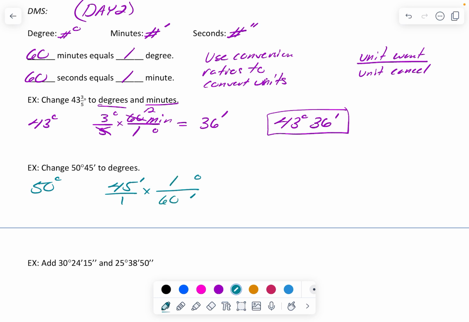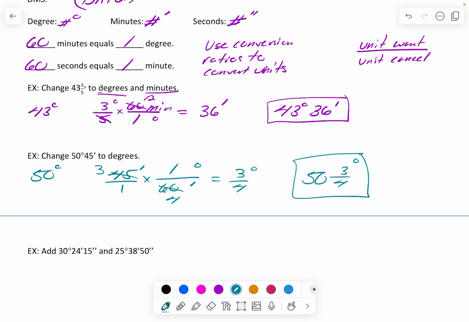And if we simplify here, 15 goes into both. So it's 3/4 degrees. So 50 3/4 degrees is the same as 50 degrees, 45 minutes.